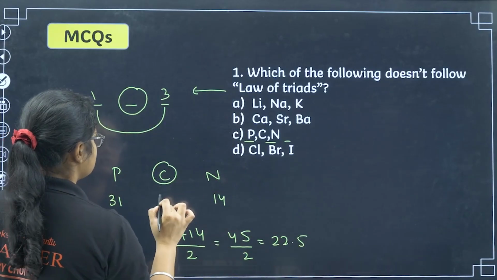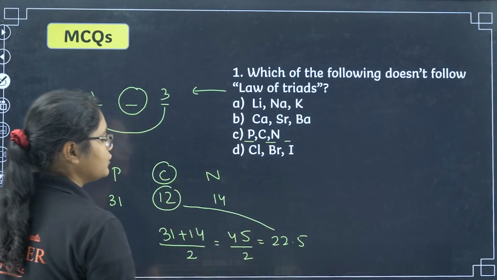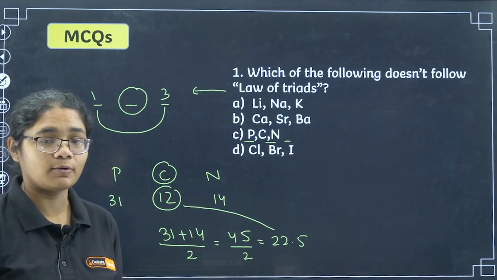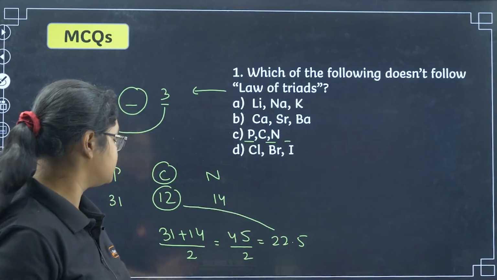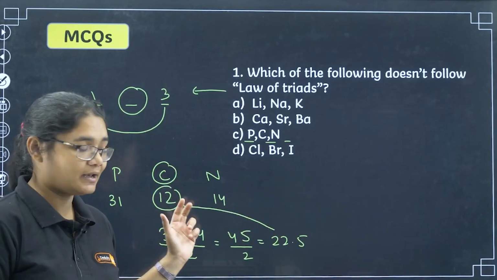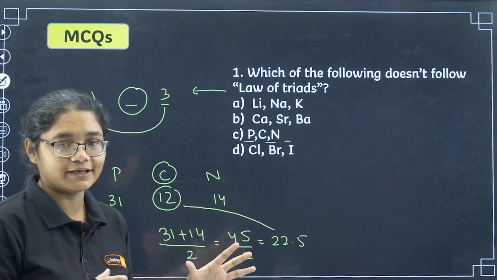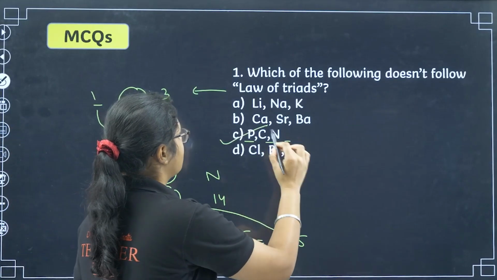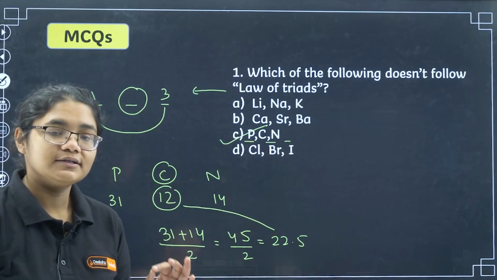But carbon mass is 12, which is nowhere near 22.5. The actual mass is 12 and these are very different values. So this does not form a Dobereiner triad, option number C here.